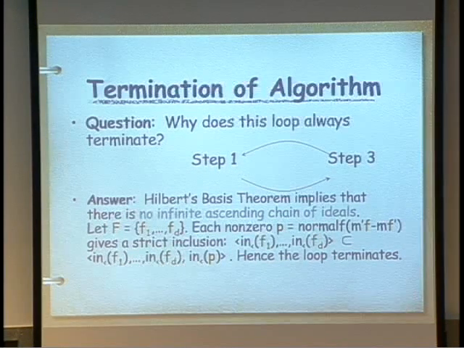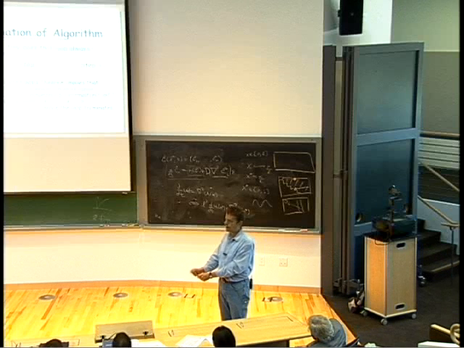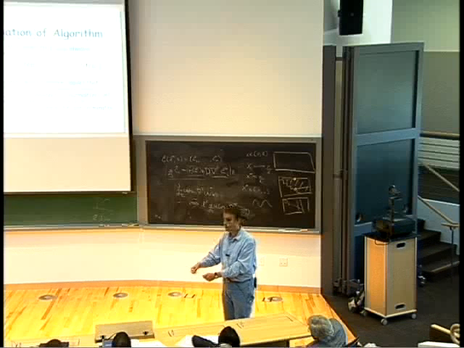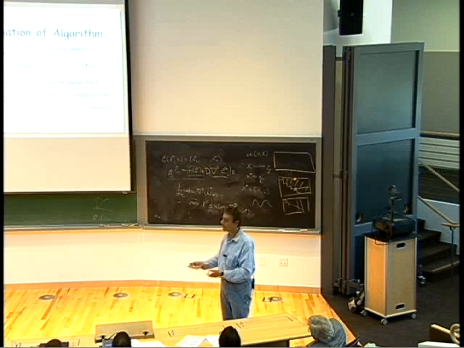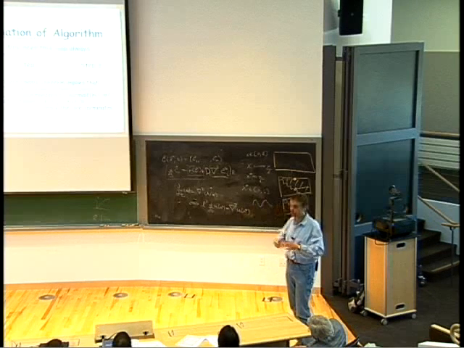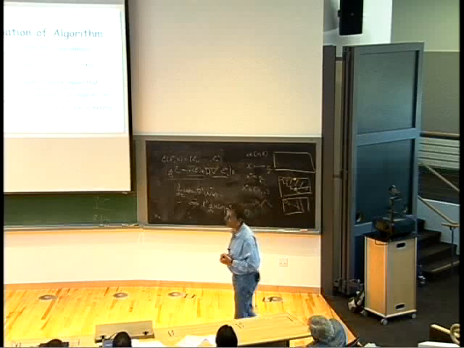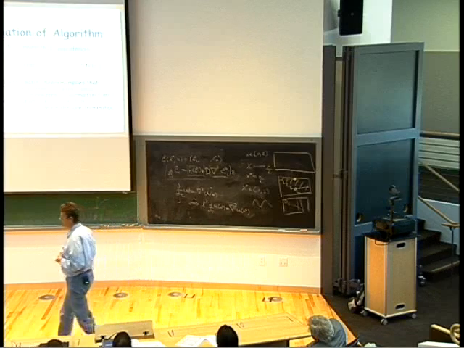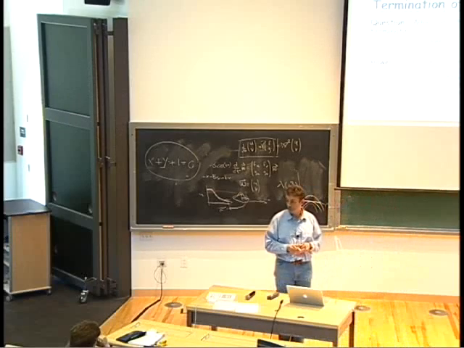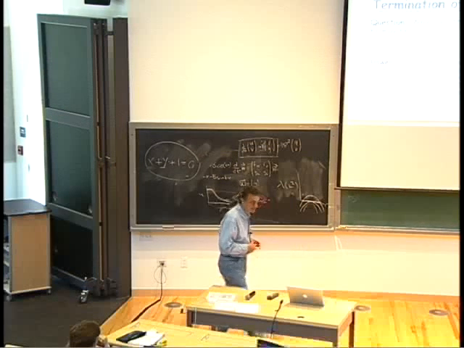Whenever we have one of these witnesses, its leading term was not divisible by anything that's in the bag already. Otherwise, we would have reduced it further. So if we throw it in, the current tentative proposed initial ideal grows and grows and grows. But if you have ideals that keep growing, at some point they terminate. Okay? So that's why the algorithm terminates. I don't derive any bound from this argument, but there are better ones that give you bounds.